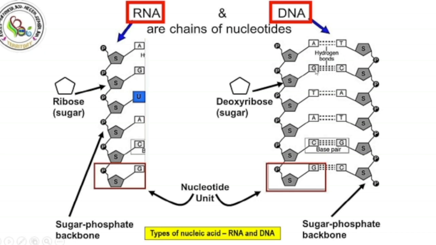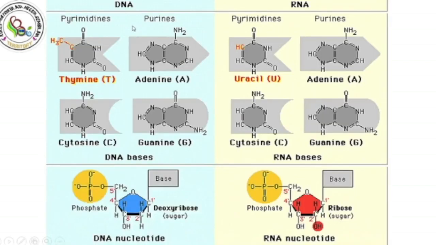For example, we have two hydrogen bonds that form between adenine and thymine base, and three hydrogen bonds that form between guanine and cytosine base. DNA and RNA molecules also have different types of nitrogenous base.